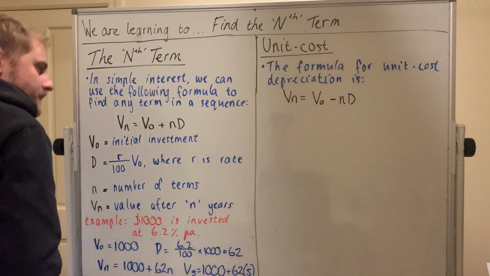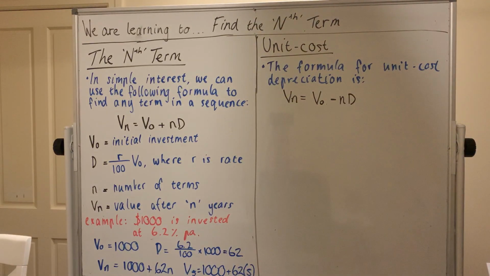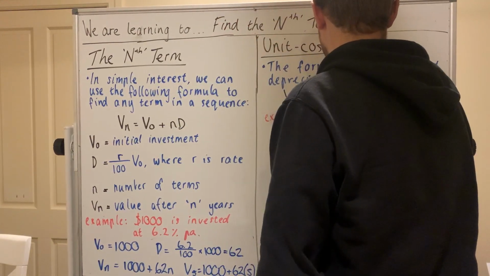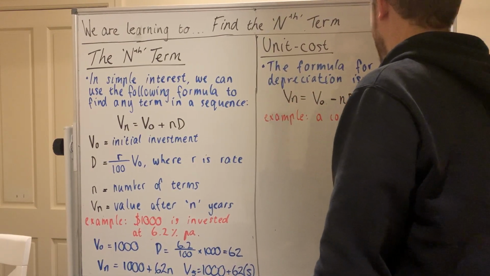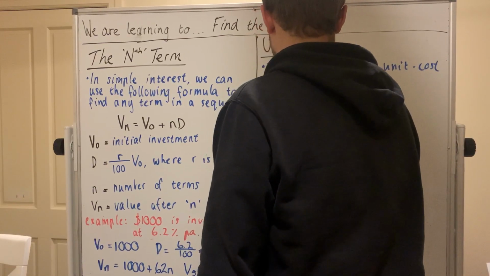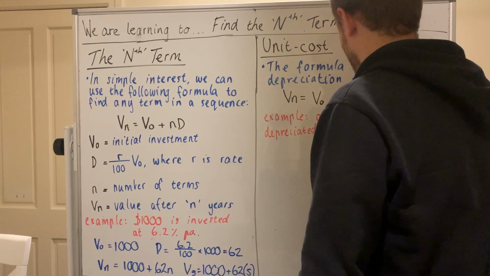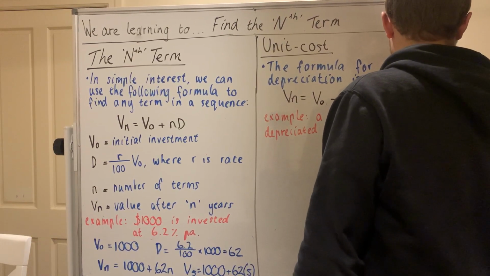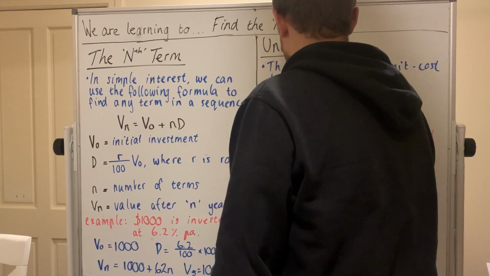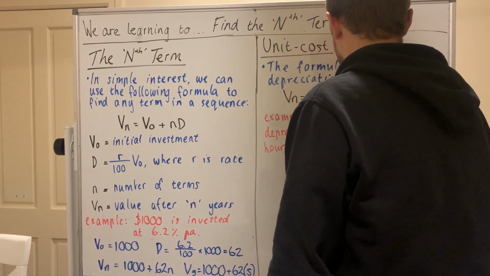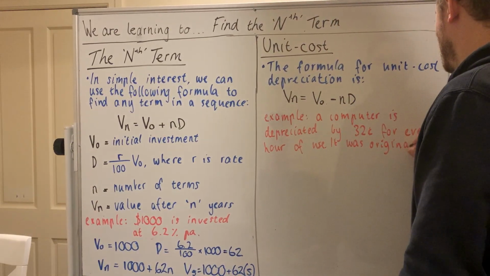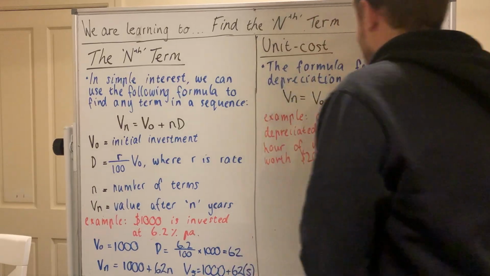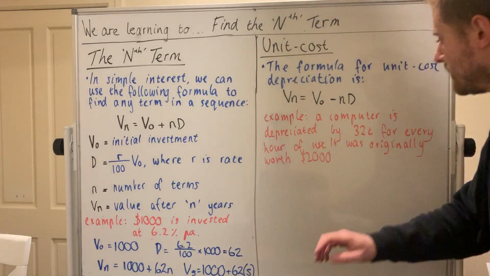Let's do an example. Alright, a computer is depreciated by 32 cents for every hour of use.